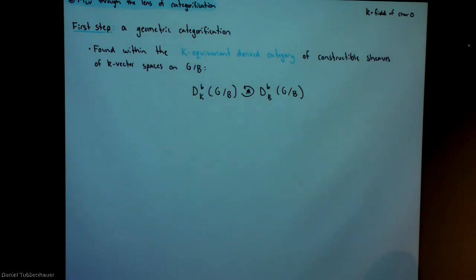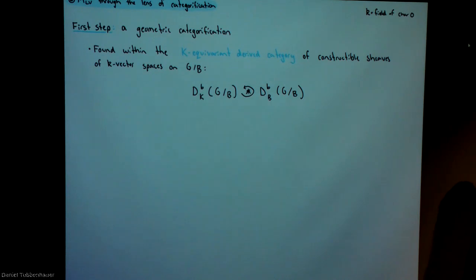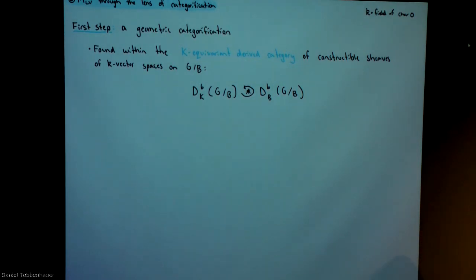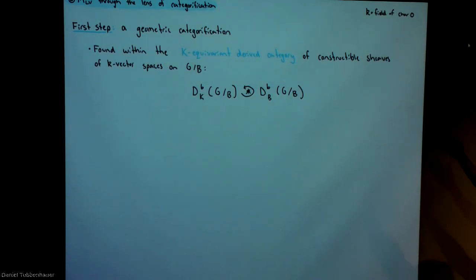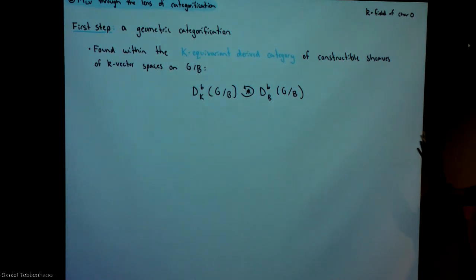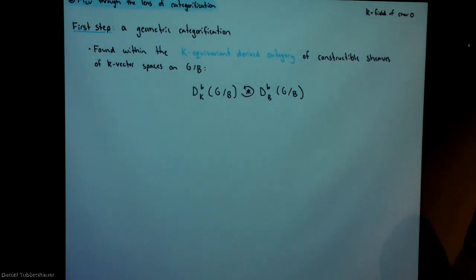And it kind of behaves the way that you'd like it to. So it has IC sheaves in there that are parameterized by local systems and orbits. We can push and pull things as we like. And because we're looking at K-equivariant sheaves on G mod B, there's a natural convolution action on the right of B-equivariant sheaves on G mod B. So this K-equivariant derived category comes with a convolution action of the B-equivariant derived category.